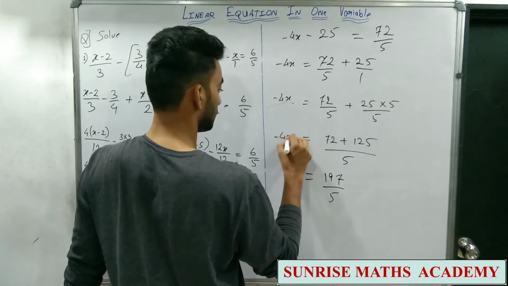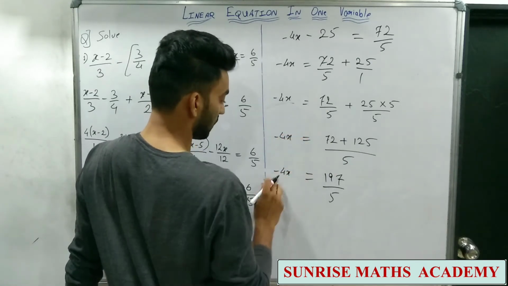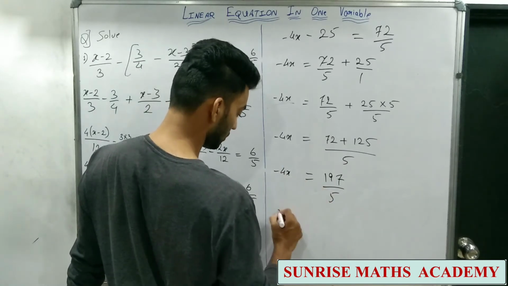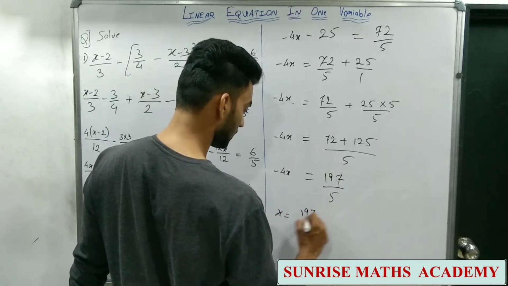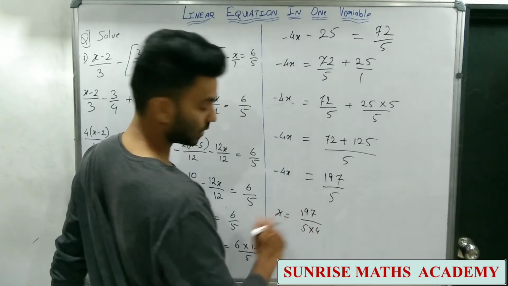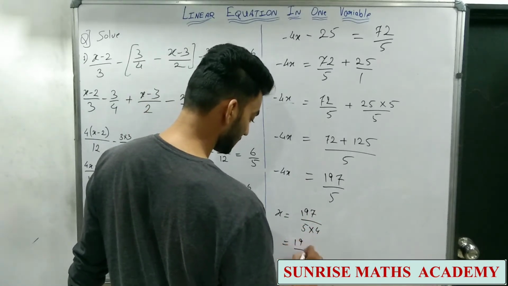This is minus 4x. Now minus 4 will be taken to the other side. It is multiplying, so here it will divide. So x equals to 197 upon 5 into 4. In division it will come here. So it will be 197 upon 20.